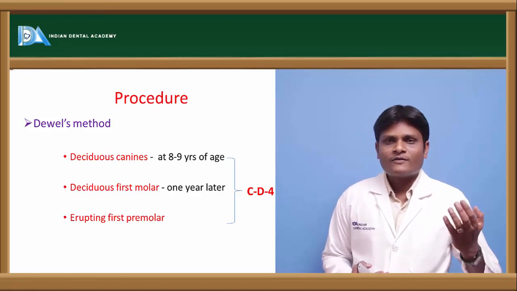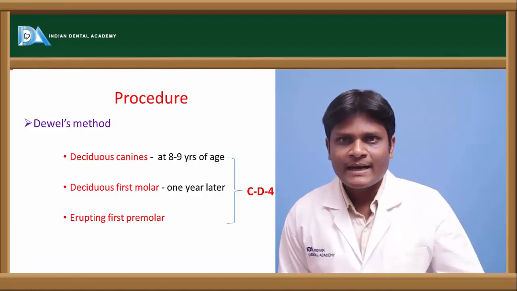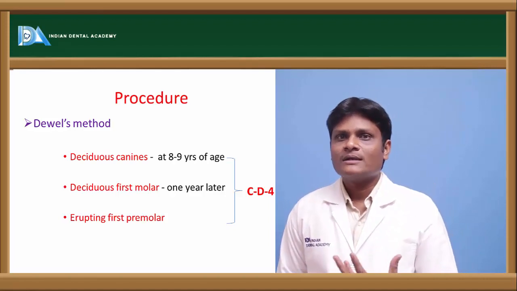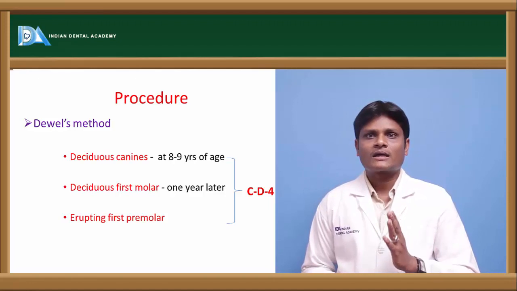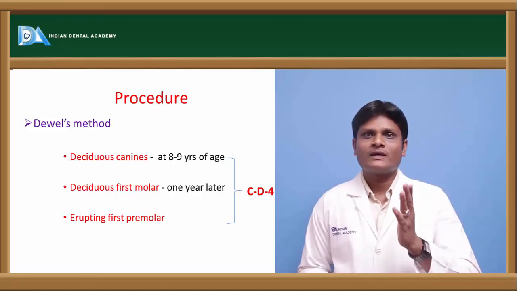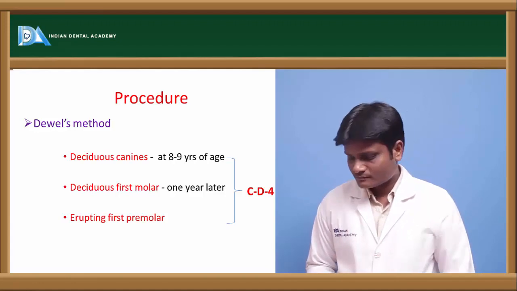Thereby, it will allow sufficient space for eruption of the canine and eruption of the second premolar. Thereby, a good occlusion will be achieved, and the crowding that was present in the region of the maxillary and mandibular anteriors will be relieved.